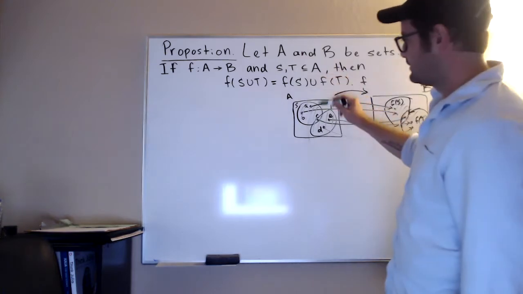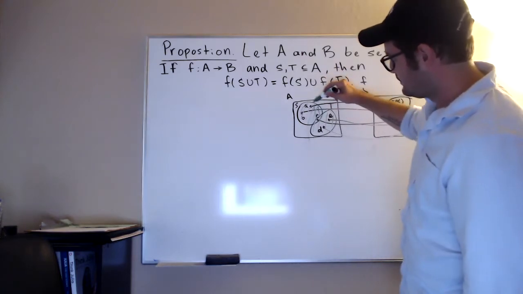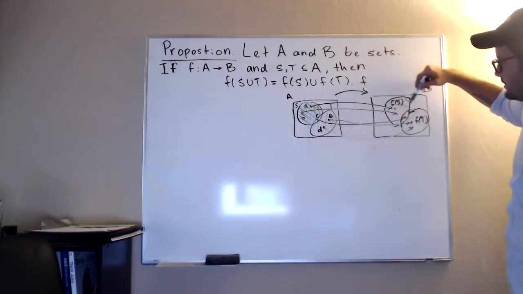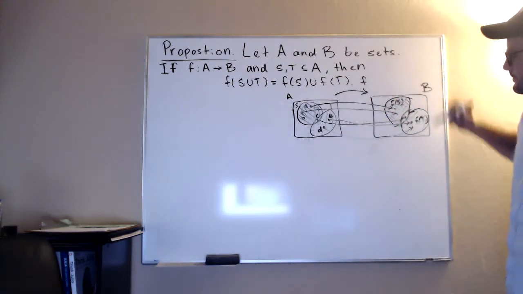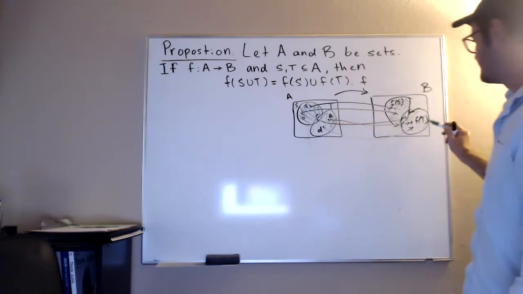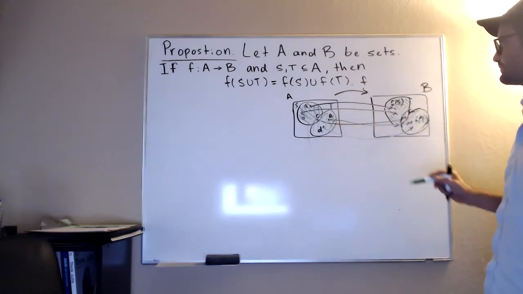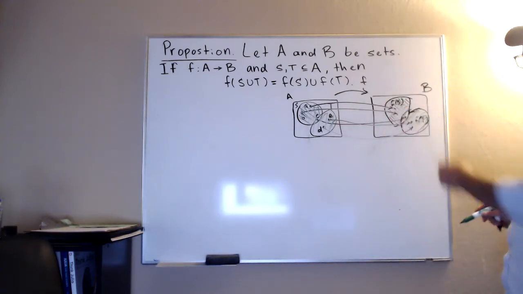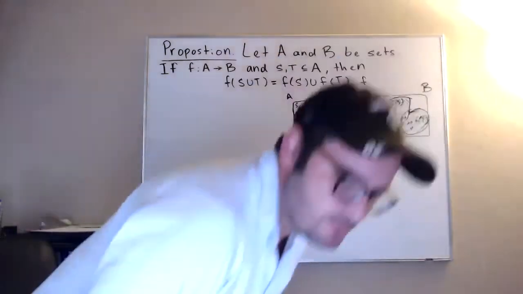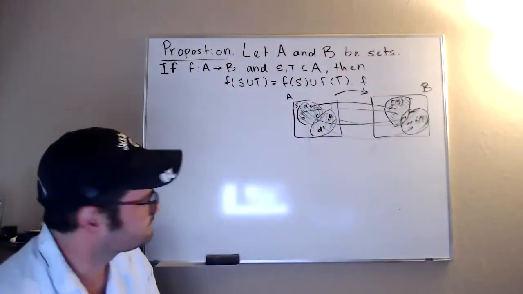Now, if I just look at S, the image of S is just here. And the image of T is just here. If I union those, I get the same picture as I did when I looked at that. So it seems to me that it makes sense.